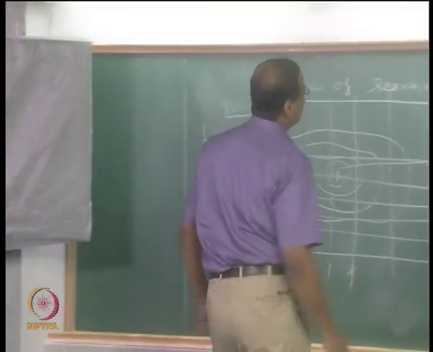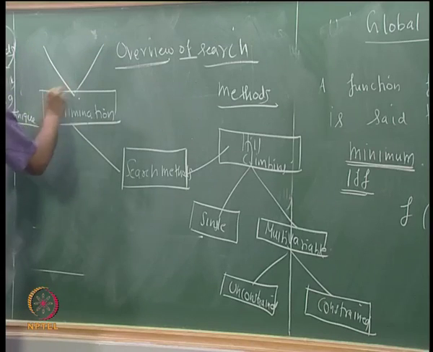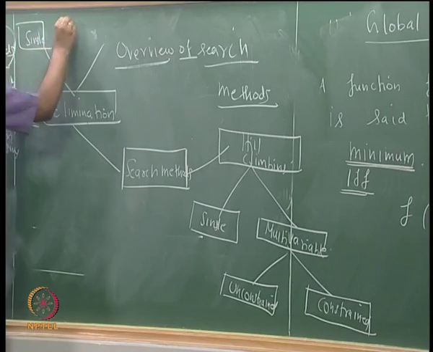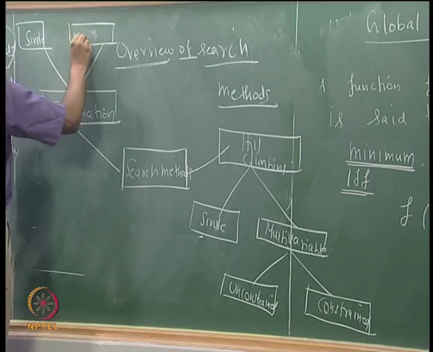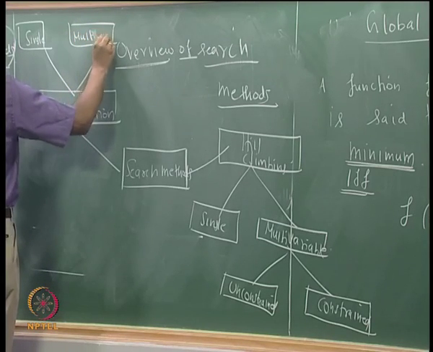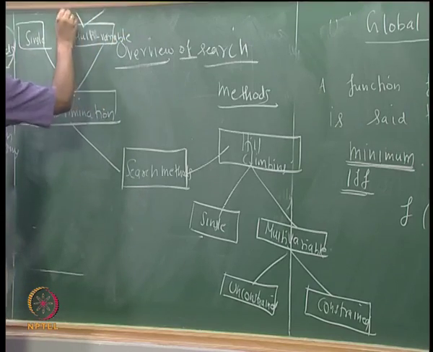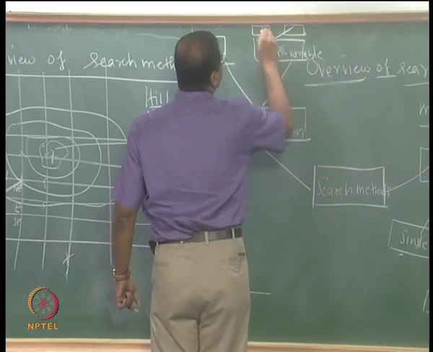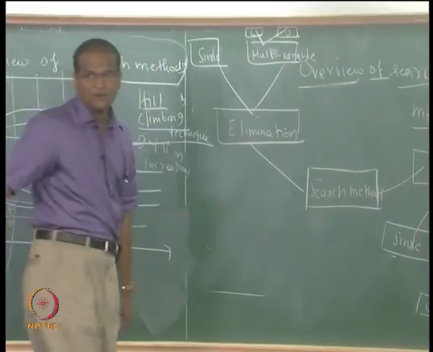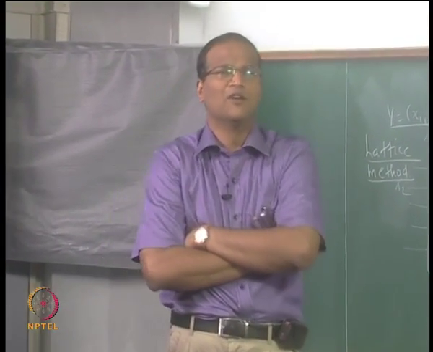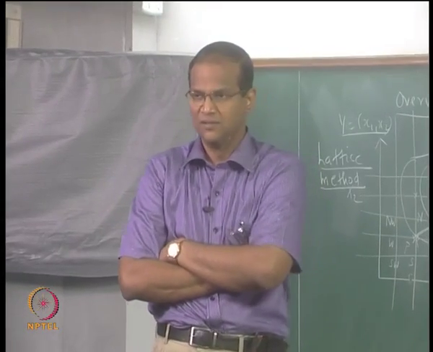Likewise, elimination also you have single variable, multivariable, and then you have two, constrained, unconstrained. Let us see in the coming classes how many of these we will be able to discuss.